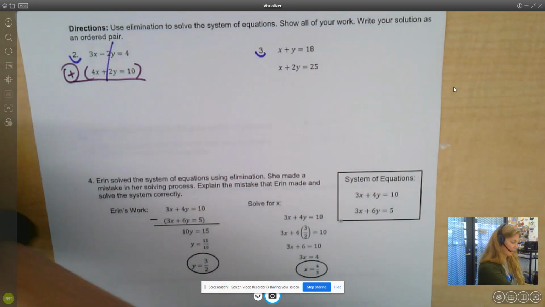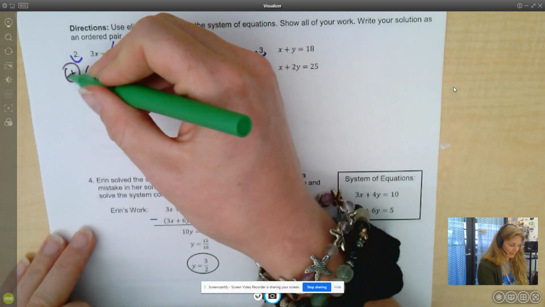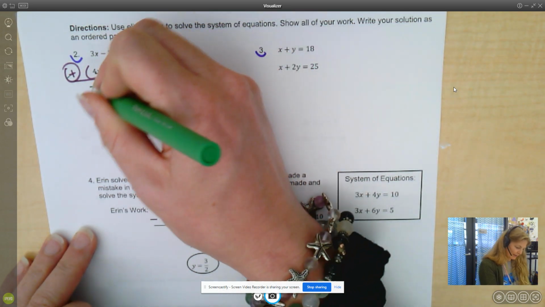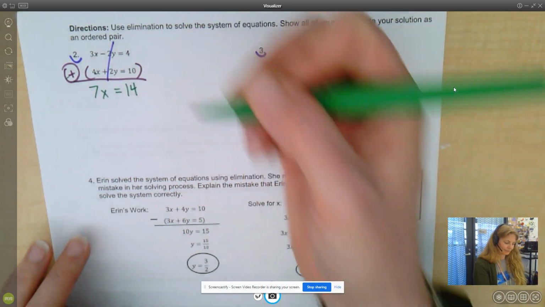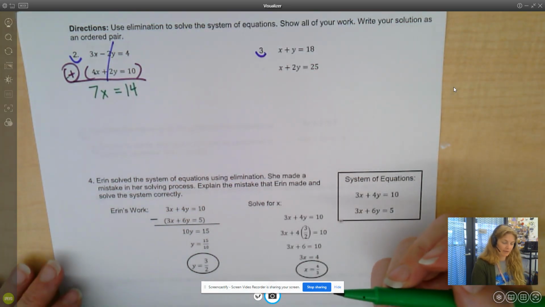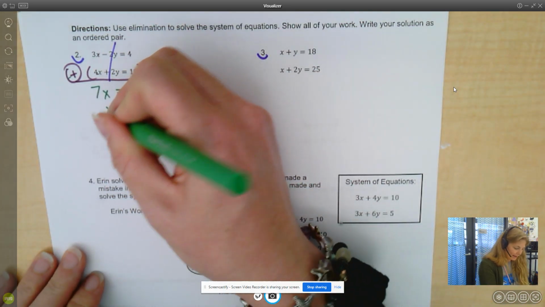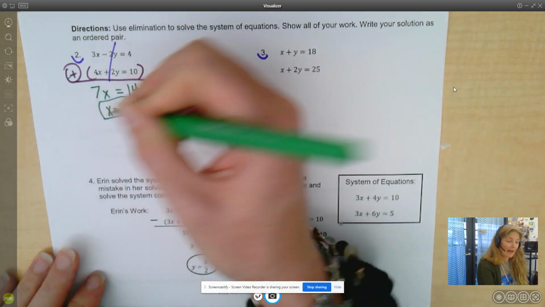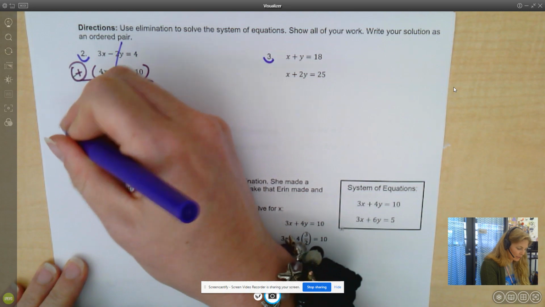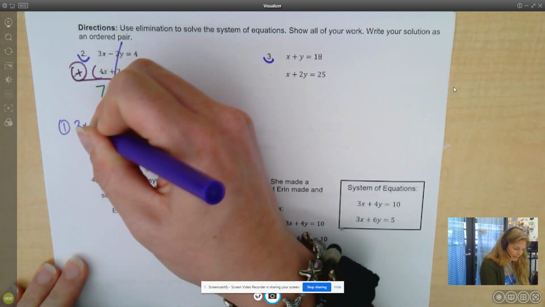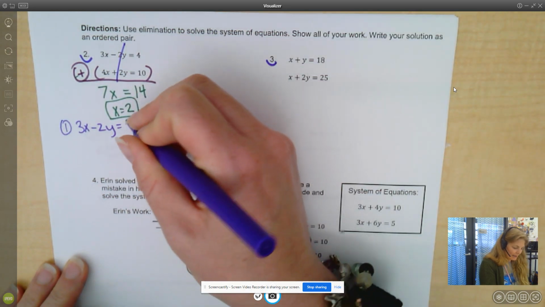They're gone. And I'm left with 3x plus 4x, which gets me 7x, is equal to 4 plus 10, which is 14. From here, I can just divide both sides by 7, and I get x to equal 2. So that's half the answer. To get the second half, I'm going to use equation 1. I'm going to say 3x minus 2y is equal to 4.